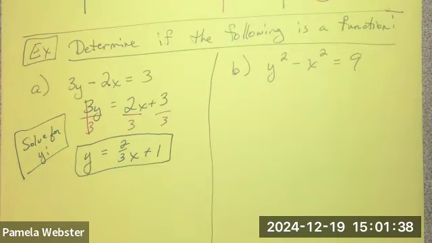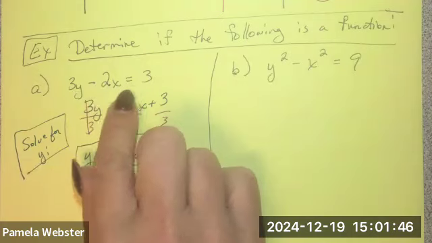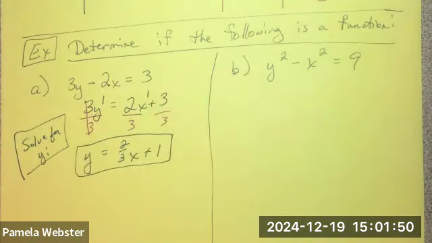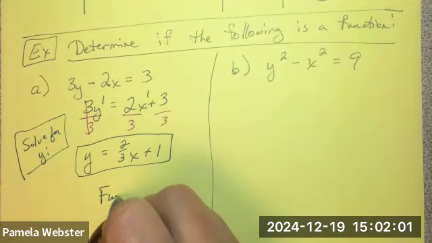From a square, we would get a square root and then a plus or minus. But these guys were only raised to the first powers. I didn't write them, but that's a 1 and that's a 1. So I'm not going to need to square root anything because there's no square going on. So I say, yep, this guy's a function.